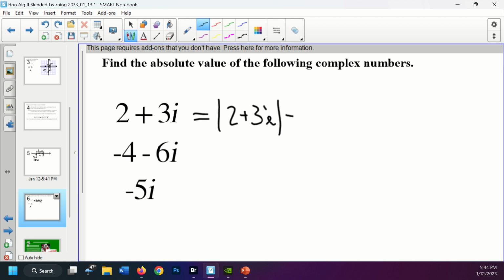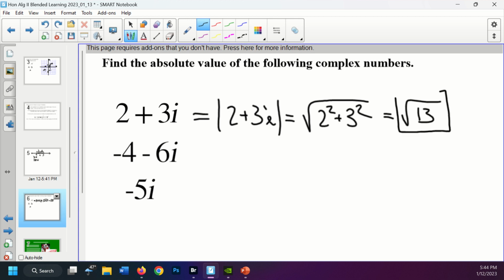Again, notice no i in this equation here. That's where everybody makes their mistakes. And so 2 squared is 4, 3 squared is 9, 4 and 9 is 13. Since 13 is a prime number, I cannot reduce that particular expression. So there is our answer.